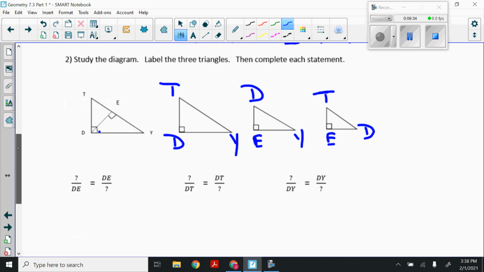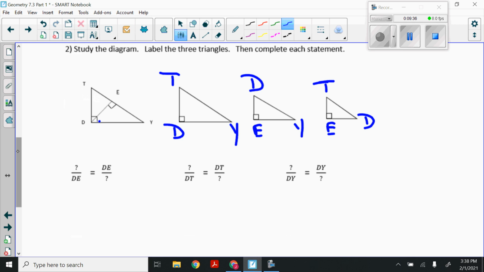So we're going to have these corresponding parts, the same ratios. So now we're going to use those facts to write some ratios. I see the very first one says DE and DE. Well, which two have DEs in them? This is Mama and Baby. So this is triangle number 2 and 3, which is Mama and Baby.